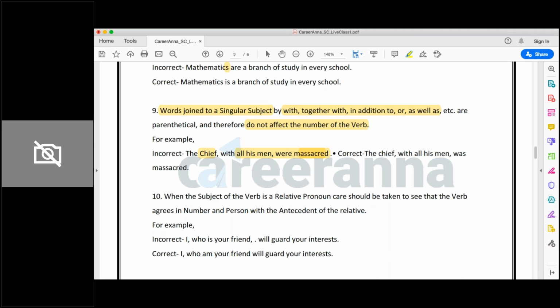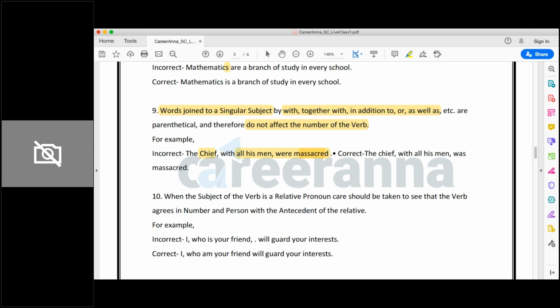Can anyone tell me what do I mean by the word antecedent? The word antecedent refers to the word which was preceding, the preceding word.